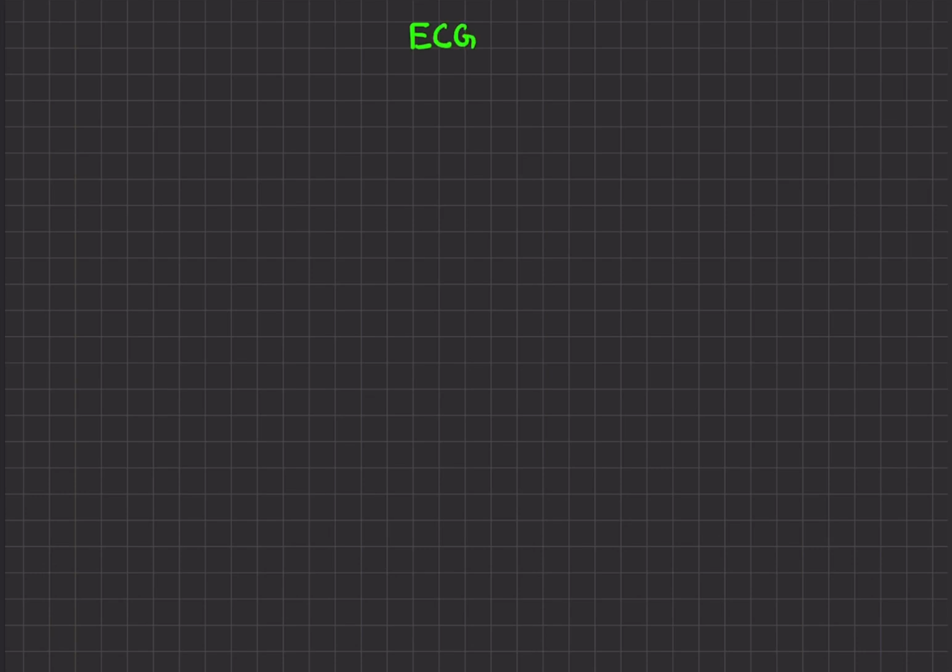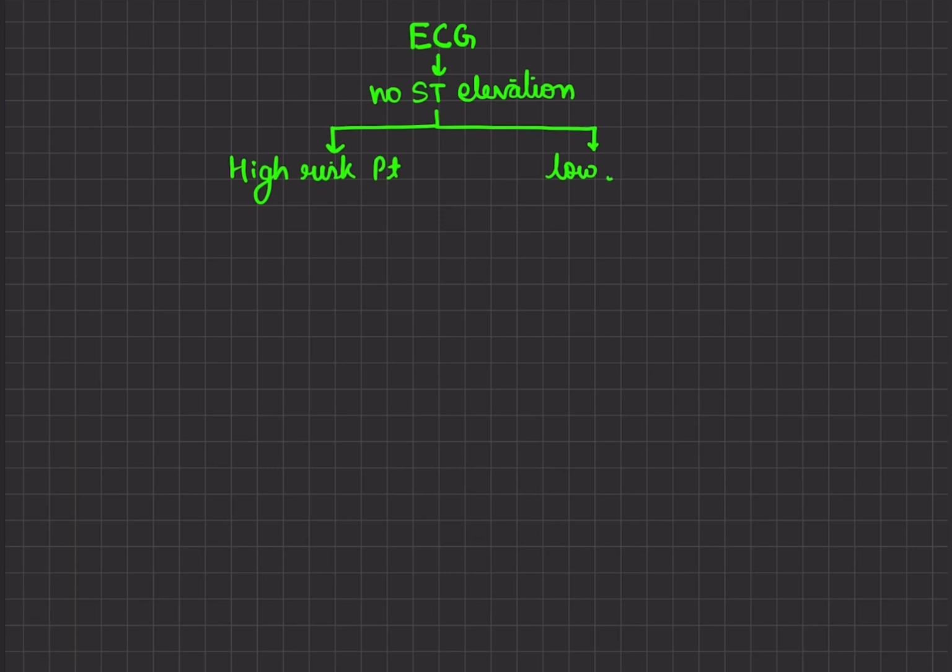Now let's learn if no ST elevation. ECG showing no ST elevation. Then look for high risk or low risk patient. For high risk patient, we have to look for patient's clinical features, troponin levels, and echo.